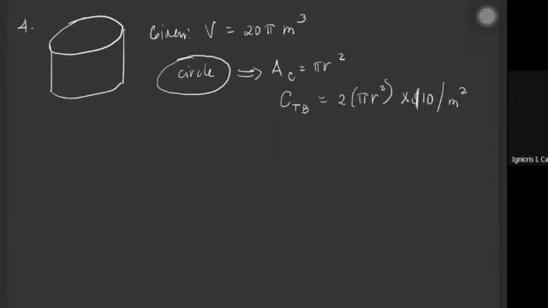Now for the sides. How are we going to compute for the side of the can? Say this is the radius, and we label this as the height. For the side of the can, what's the area?